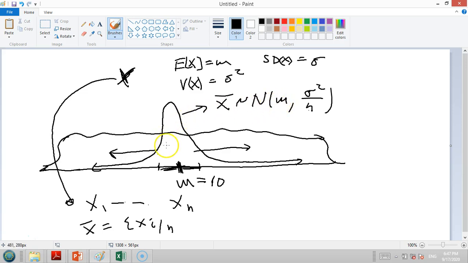Notice I can pinpoint this x bar. I know its shape, and I can say how spread out it is also, but I don't know its location. So if mu is 10, again, mu is the expected value of x. It's also the expected value of x bar. But if mu is 10, that means x bar will also have a mean of 10.